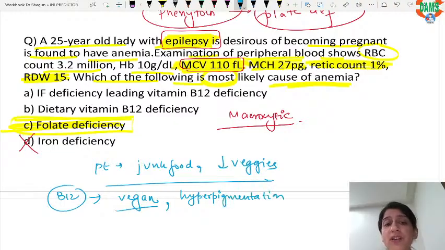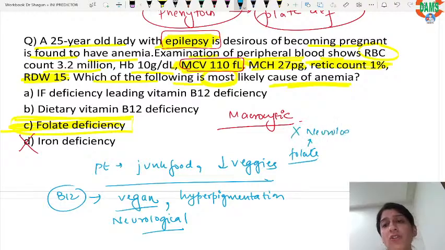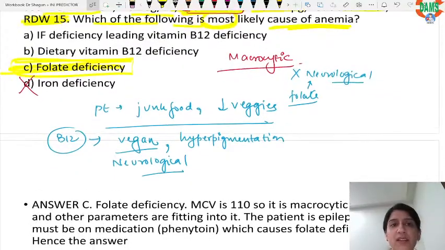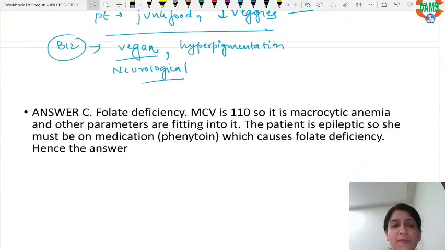And one more important point, if there are neurological complications, it is B12, because in folate you have no neurological component. So these are some differentiating points between B12 and folic acid on the basis of MCQ clue points. Okay? Done? Okay. Now let's move ahead.